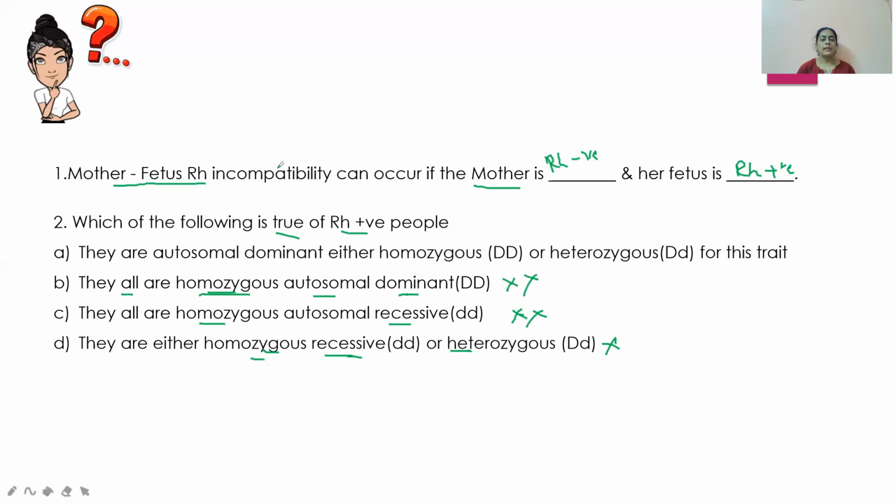The last sentence says autosomal dominant. Yes, the D gene is autosomal dominant, and they can be either homozygous or heterozygous. So this is the right answer. In an Rh positive individual, the gene is autosomal dominant and the zygosity can be either homozygous or heterozygous. Fine.